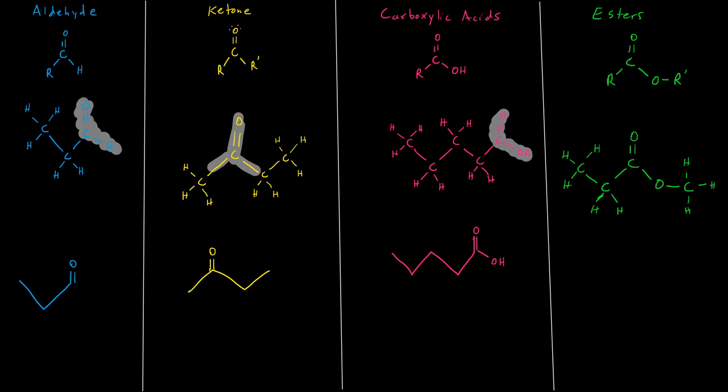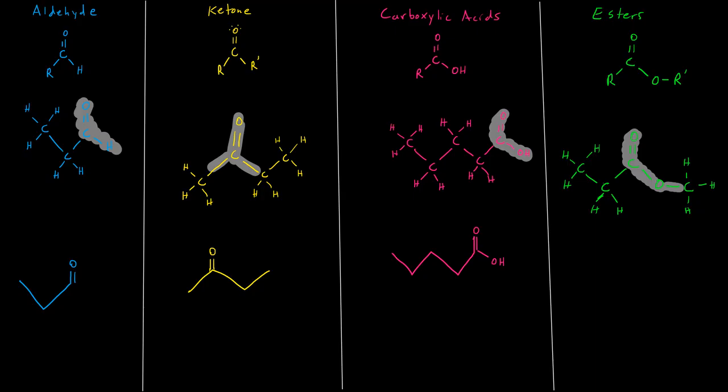So what makes this molecule into an ester is the fact that we have that carbonyl group with an O bonded to a carbon on the other side instead of bonded to an H, which would make a carboxylic acid. All right, so that's what makes it an ester.